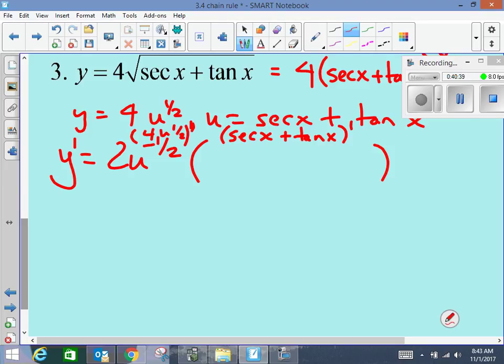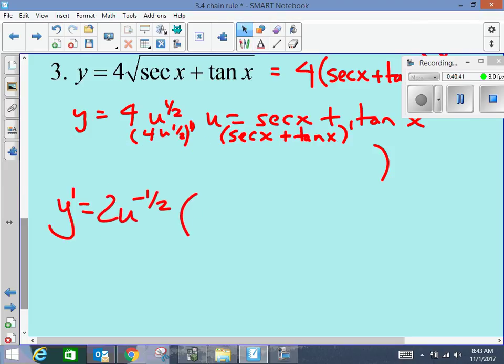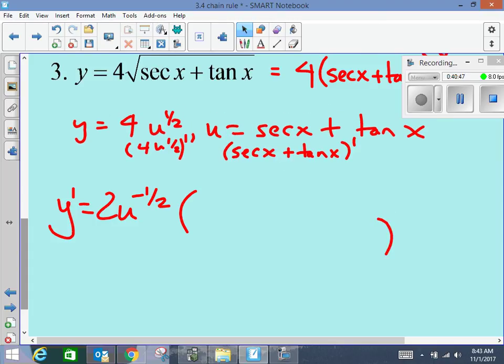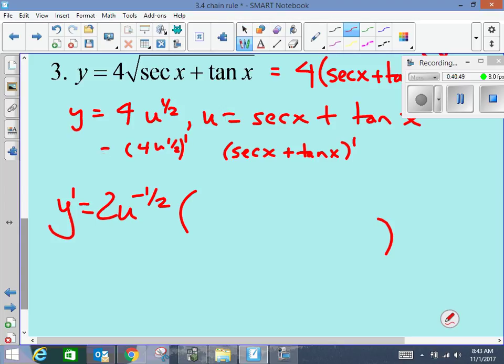Okay. Give me a little room here. There, now I'm writing it. Okay, what's the derivative of secant x plus tangent x, Sarah Whalen? No, there's no product. Product means multiplication, that's addition.